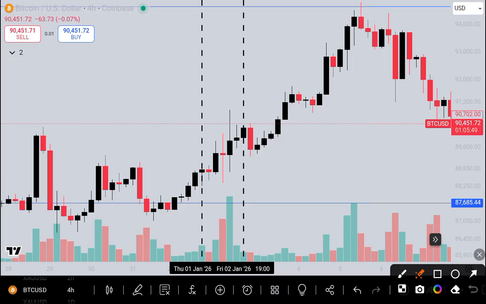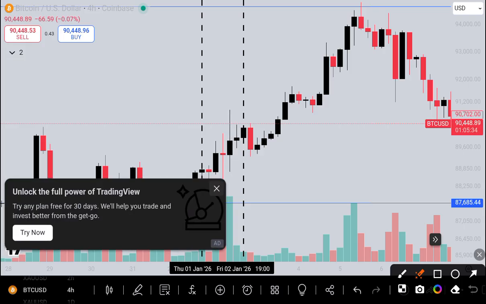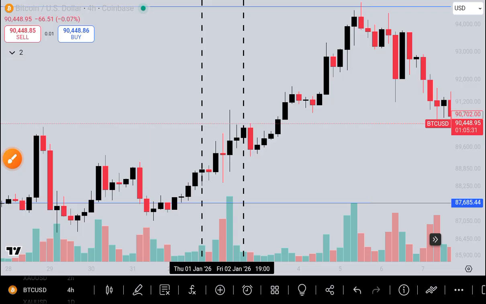Now our POI is the 4 hour candle with the highest volume, which is this candle. It means that the next day price is going to come into this candle and find an opportunity to buy. It's going to seek this volume.